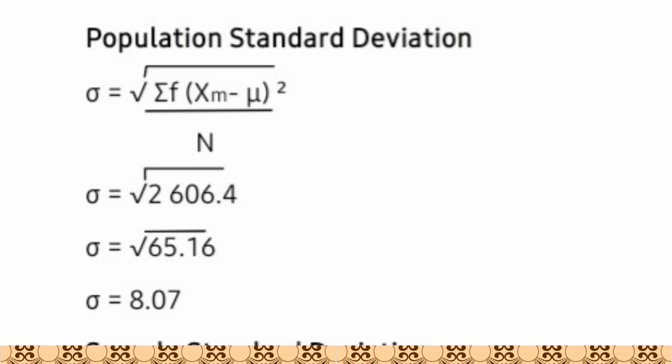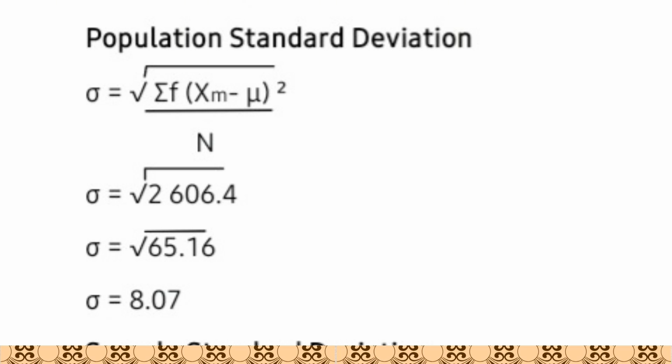To solve the population standard deviation of grouped data, we use the formula: population standard deviation is equal to the square root of summation of frequency of each group times midpoint values of each group minus population mean squared, divided by total population size.